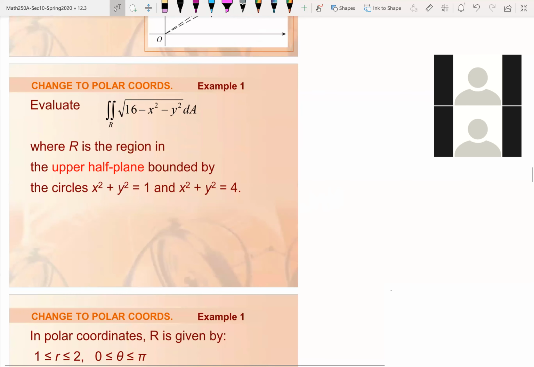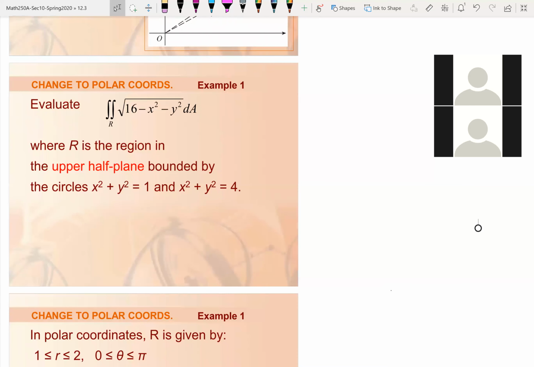So this is the first example to try. How do I know it's easier to go in polar? First of all, because of the circles: I have one circle for the region of integration, another circle for the region of integration.